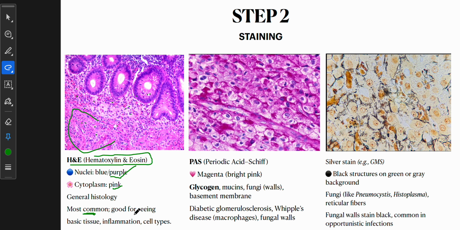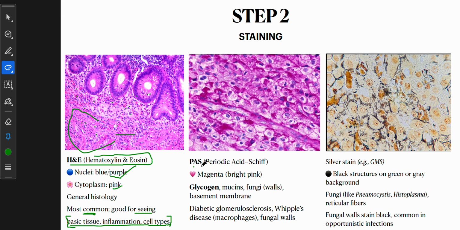It is very good for seeing basic tissue, inflammation, and cell types, right? And in inflammation, there would be infiltration of hypersegmented neutrophils, hypersegmented polymorphonuclear cells, and you can visibly see that, right?